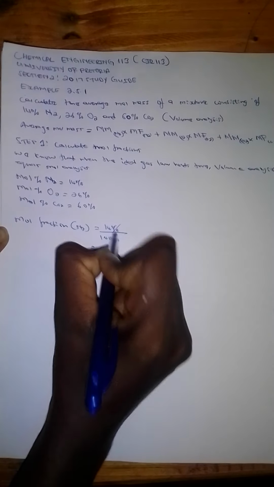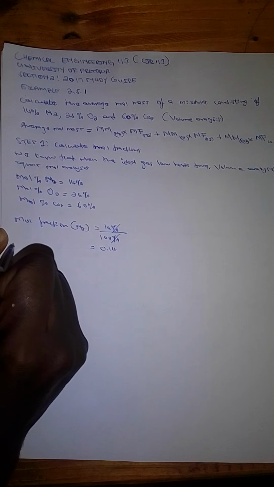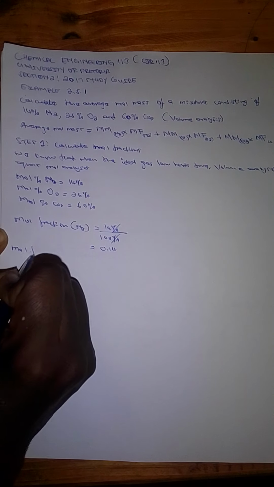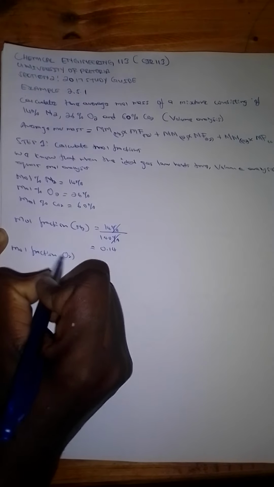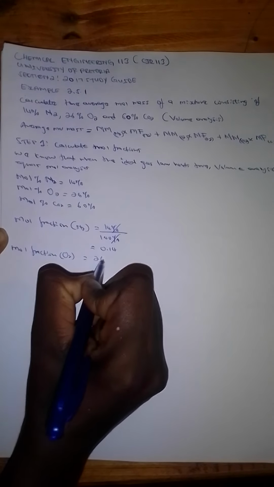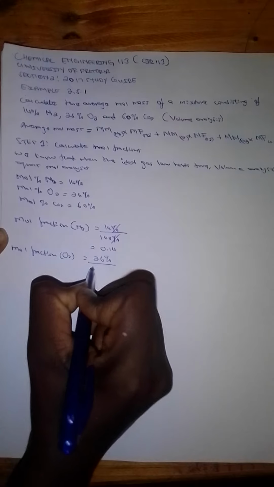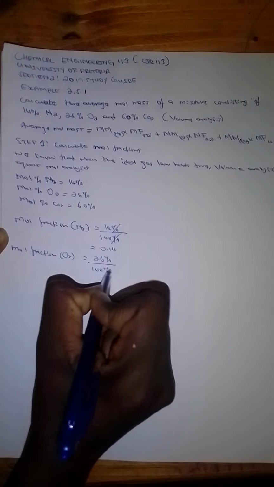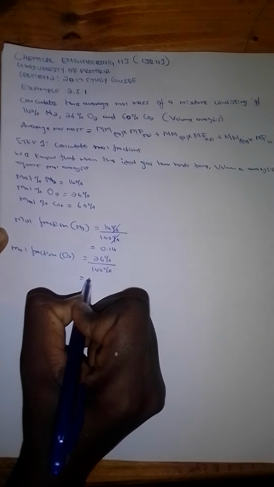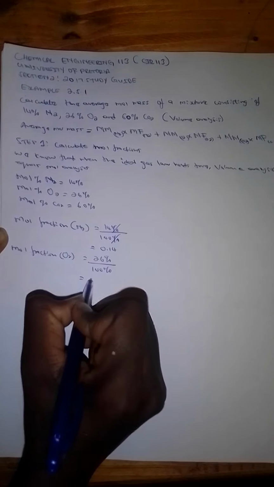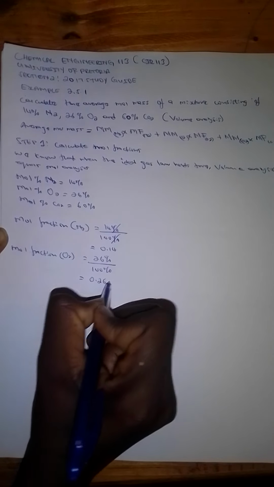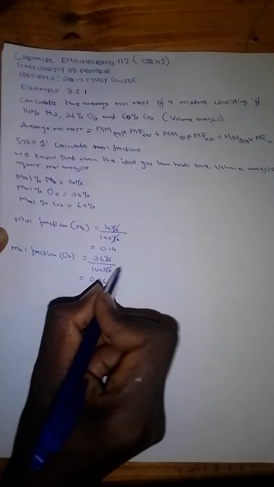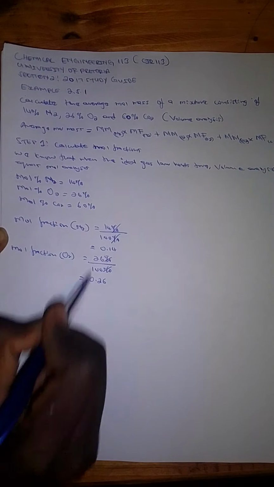The percentages cancel out. The mole fraction of O2 equals 26% over 100%, which makes it 0.26. They're no longer percentages, they're fractions.